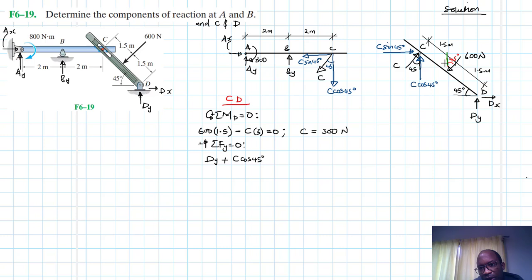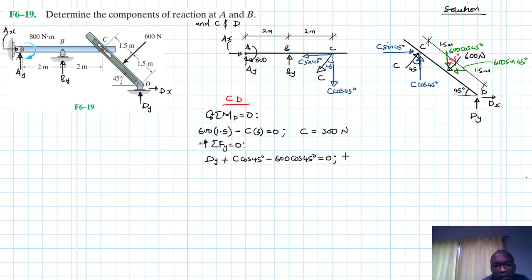This component here is going to be equal to 600 cos 45, and then we'll have this other one here, which is 600 sine 45. So this will be minus 600 cos 45, equal to 0.